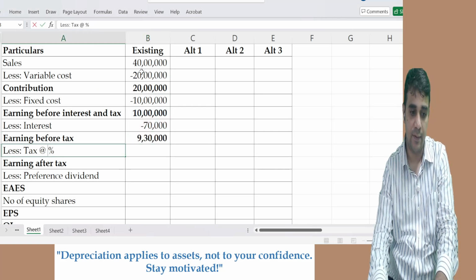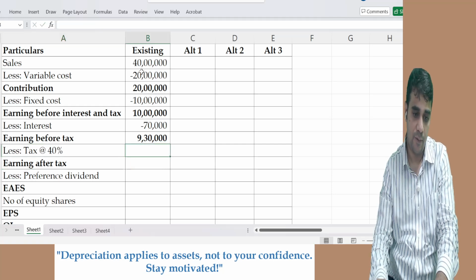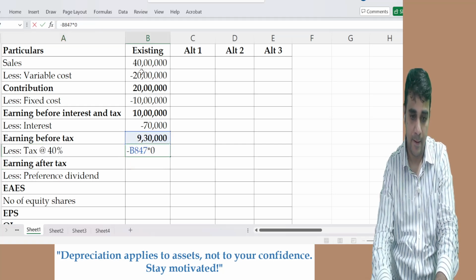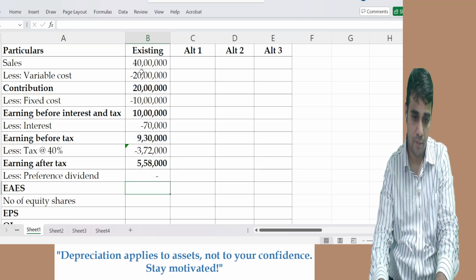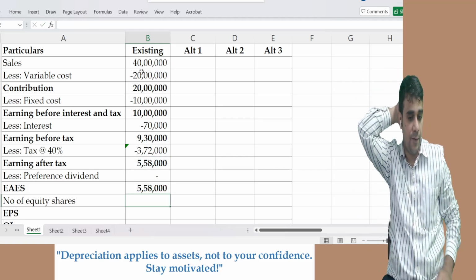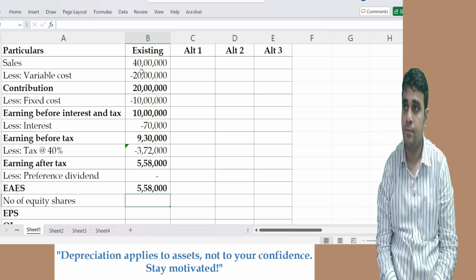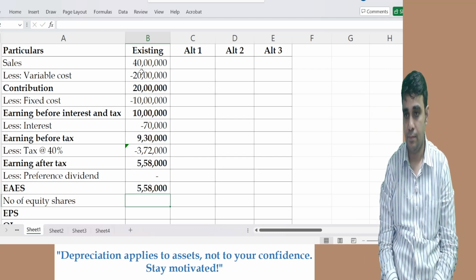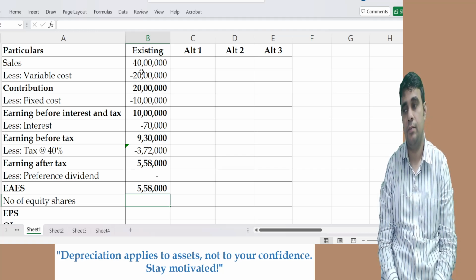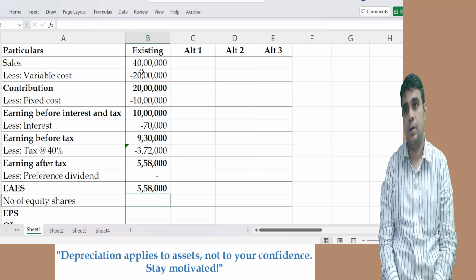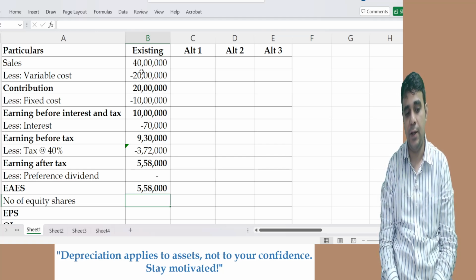What is the tax rate given? 40%. EAES is 558.